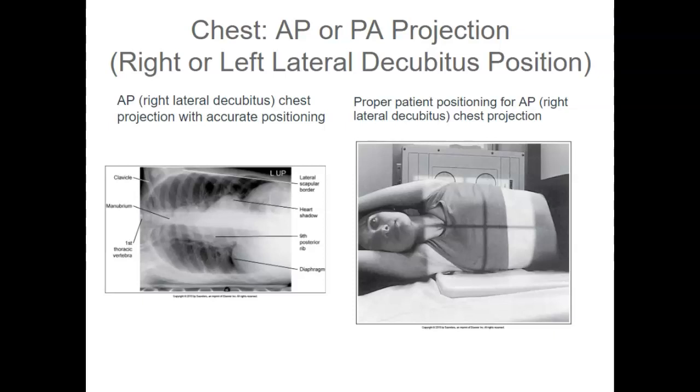You just want to make sure there's no rotation or angulation issues. The biggest thing with decubitus positions is making sure that the patient is in a true left lateral or right lateral decubitus position without rotation.